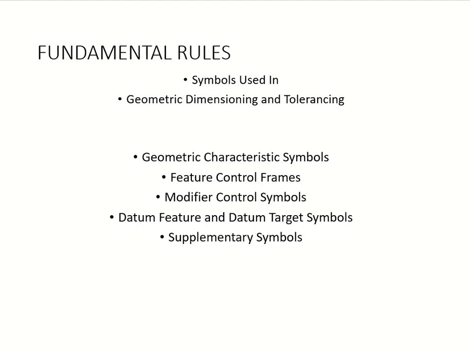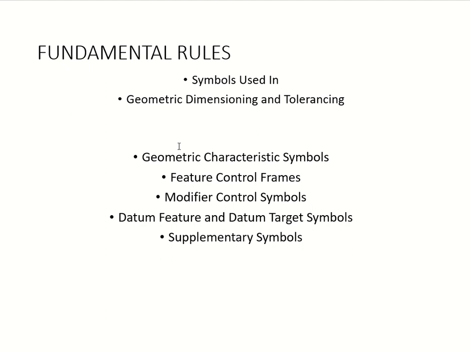All right. This is just telling you about your fundamental rules and the symbols we use in geometric dimensioning and tolerancing. We call it GD&T. Your little pocketbook that I told you to buy in your syllabus, you need it if you're going to keep your career in this line, because you have to go back to it. You can't remember all of it. No one remembers all of it.